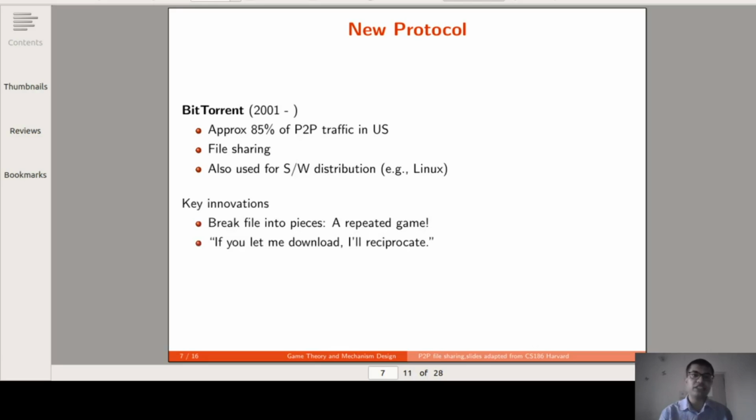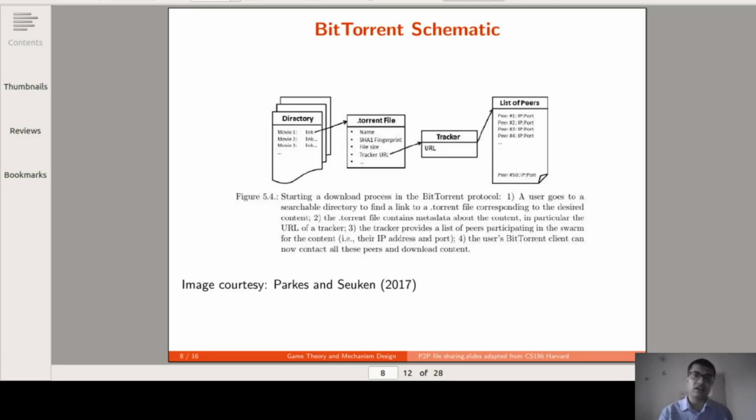The key innovation is that they do not share the whole file in one go. Typically, peer-to-peer file sharing is used for large files. Therefore, it is meaningful to break them into very small pieces, and that also gives rise to a repeated game. The principle of that repeated game is that if you let me download, then I will reciprocate. So let us look at the schematics.